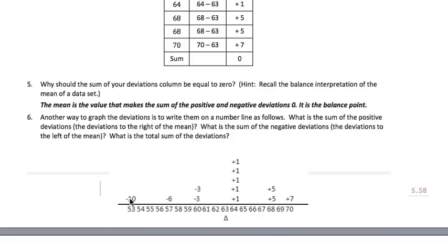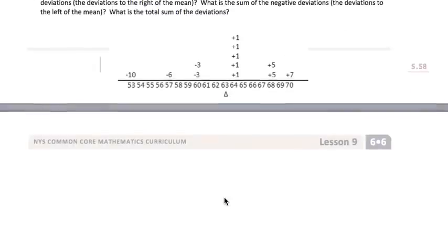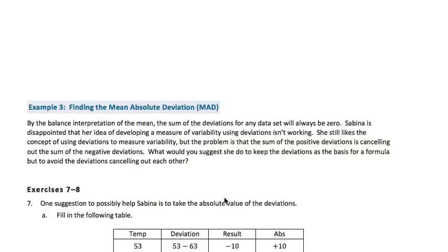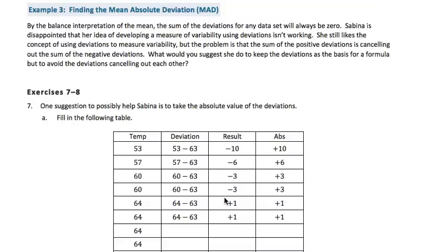And then our negative ones, we have 10, 16, 19, 22. So negative 22 plus positive 22 is 0. By the balanced interpretation of the mean, the sum of the deviations for any data set will always be 0.